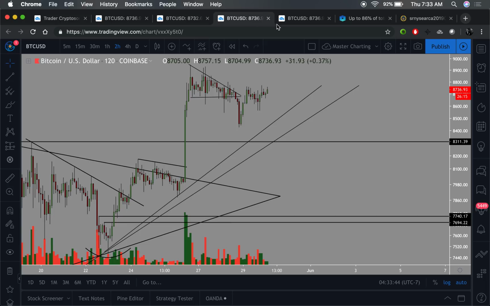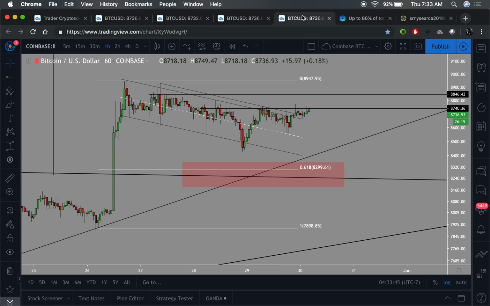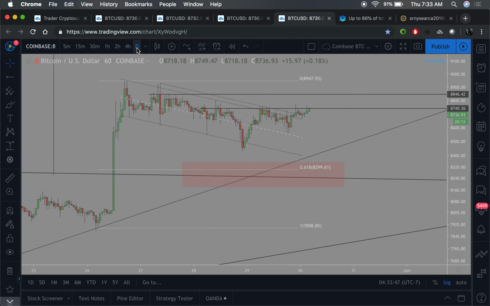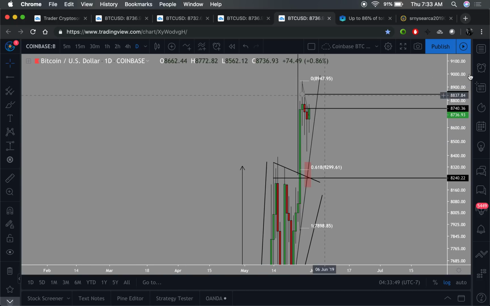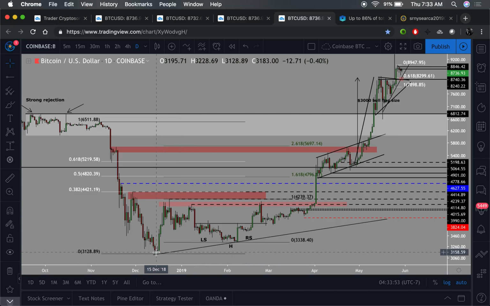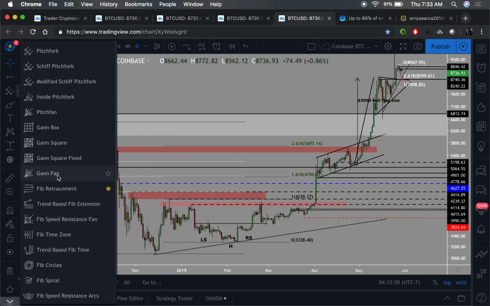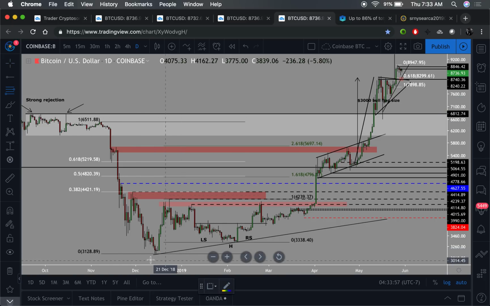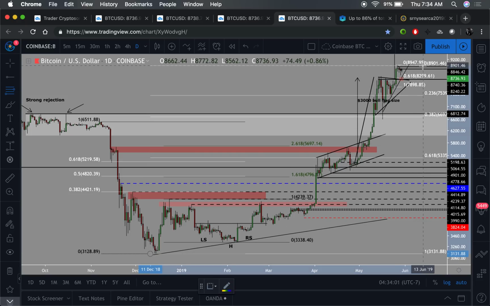So if we did a 786 Fib on this entire move that we've had from, say, down here, which is 3,100, but then again, we're not done with the move, right? But let's just say if we were supposed to reverse today, you can see that.